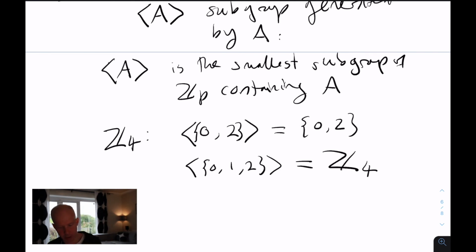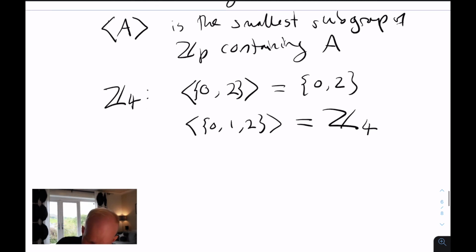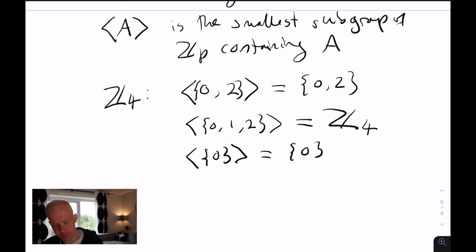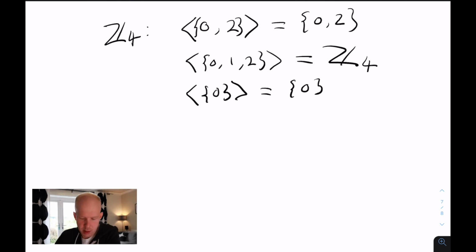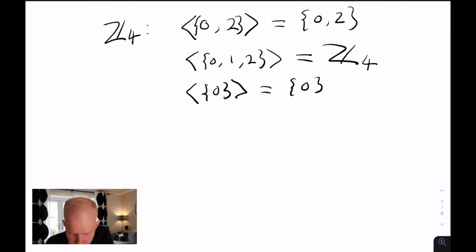And of course, if you take something trivial, this is just itself. There are also other generators that you could have. You could actually generate your group with a single element. That's the characteristic property that you could have.